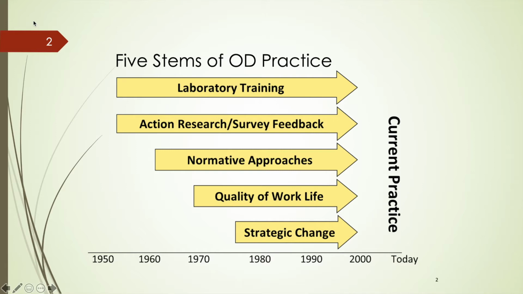And then we came to action research and using survey feedback. From there, we went to normative approaches, then quality of work life, and then strategic change. So the subsequent slides will talk about each one of these.